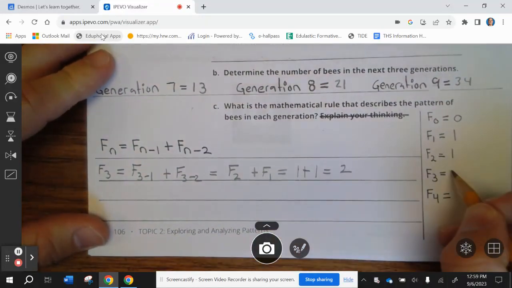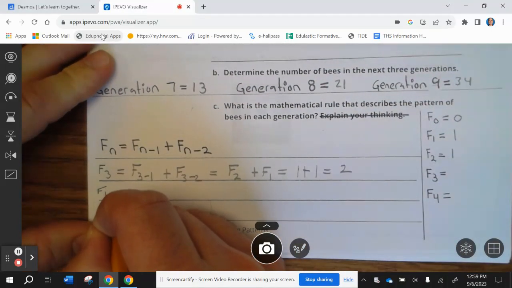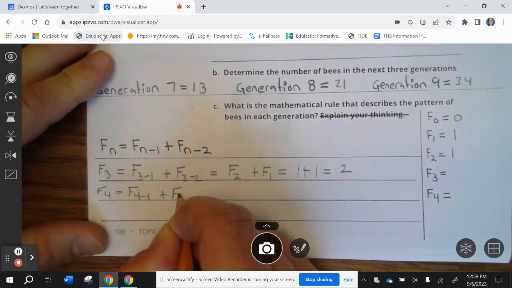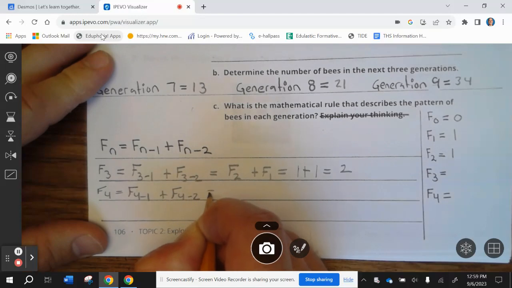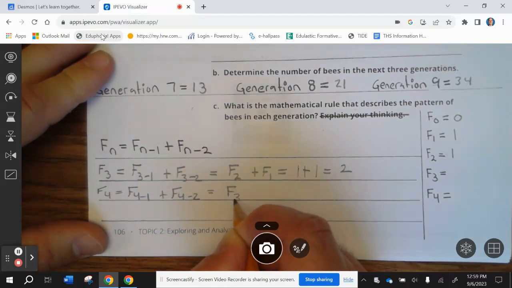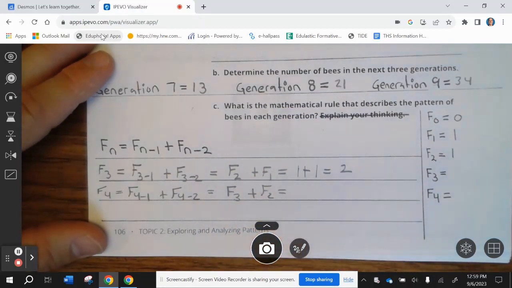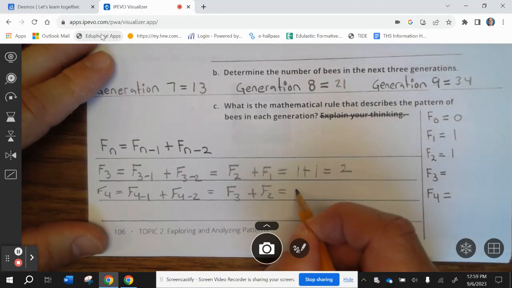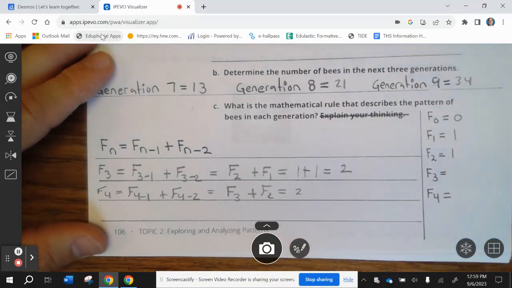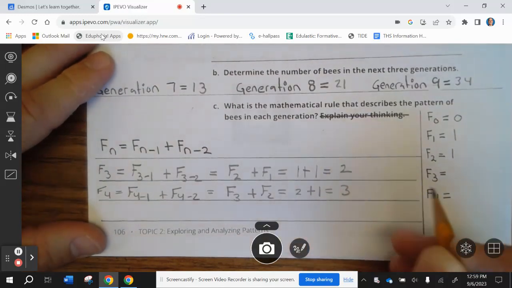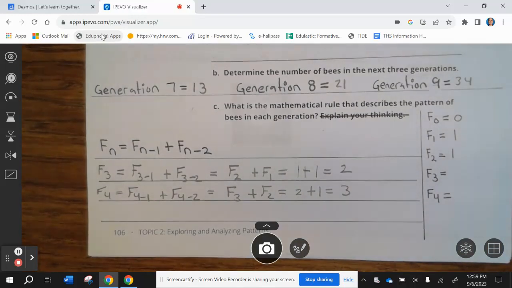So then to find f of 4, we do f of 4 minus 1 plus f of 4 minus 2, which equals f of 3 plus f of 2, which would be 2 plus 1 equals 3.